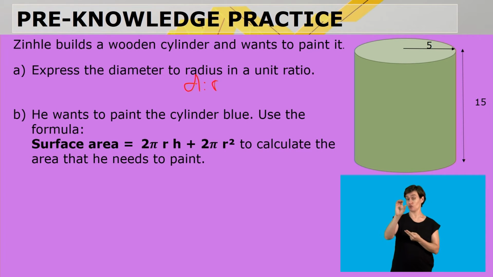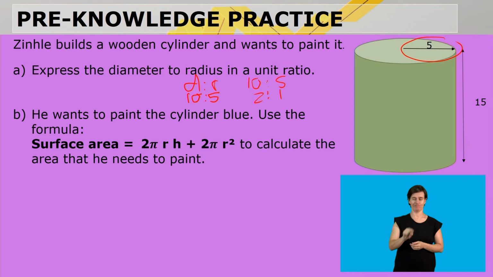The diameter is going to be 10 because it's 2 times 5, and then the radius is 5, and that makes it 10 to 5, which is 2 is to 1, and that is why the diameter is always twice the radius, and that is why if they give you the diameter you need to divide by 2.